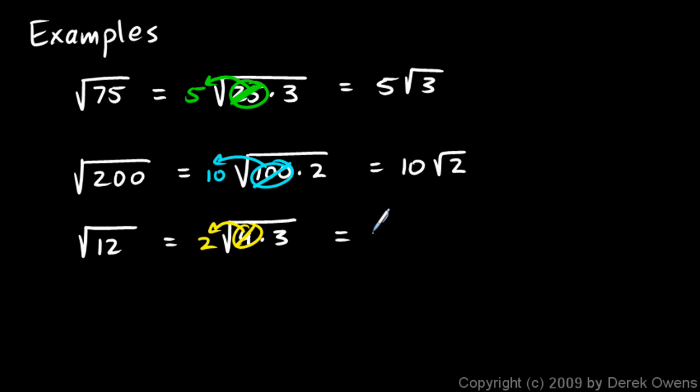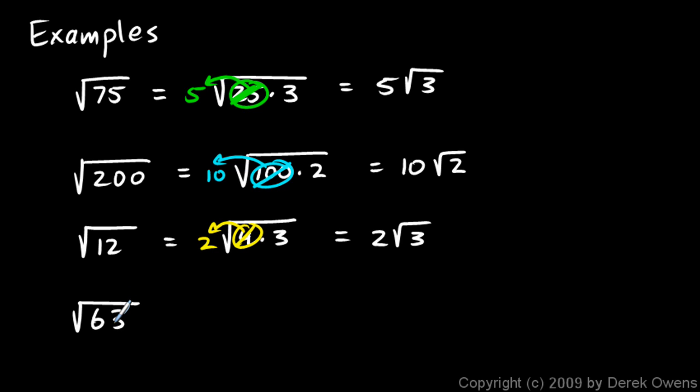And I end up with 2 times the square root of 3. The square root of 12 is mathematically the same thing as 2 times the square root of 3. And these are considered simplified when they're like this. If you get into a form where you can no longer find any perfect square factors under the radical, then and only then is it simplified.